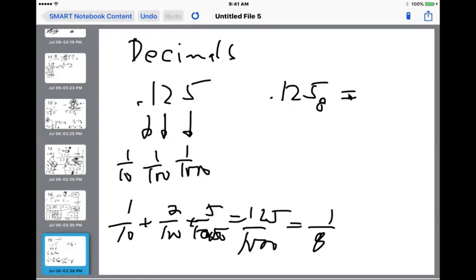Anyone want to say what they suspect the after the decimal point places are in something like base 8? Yes, the first place is 1/8, eighths. And yes, the second one is 1/64. And how about that last one? It's a pretty large denominator.